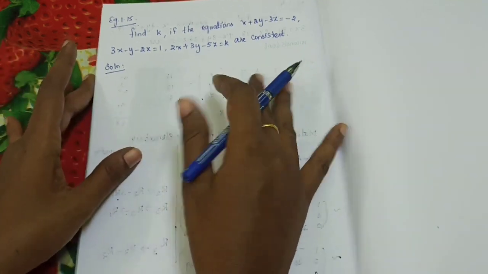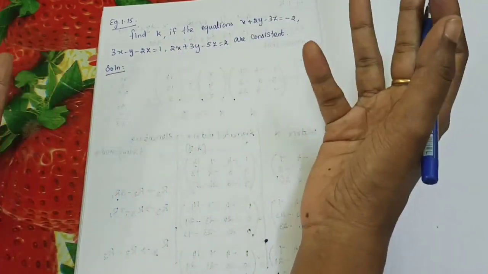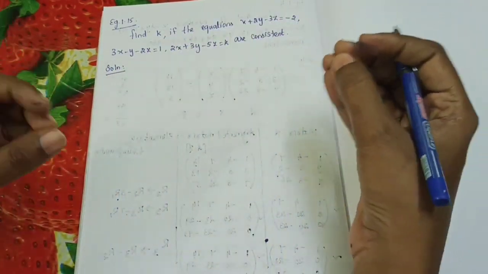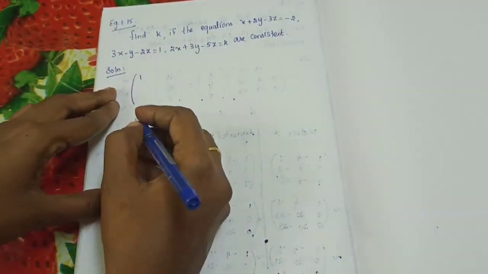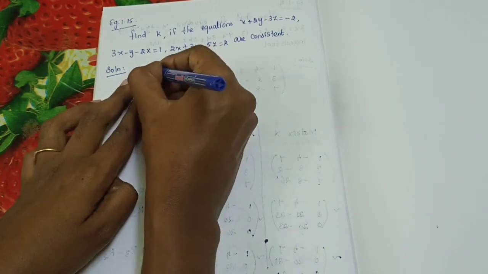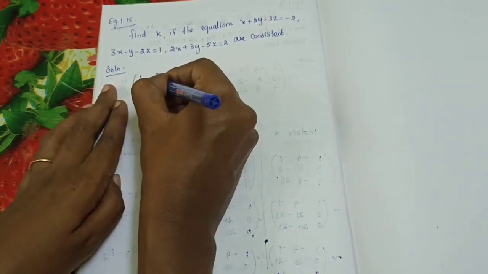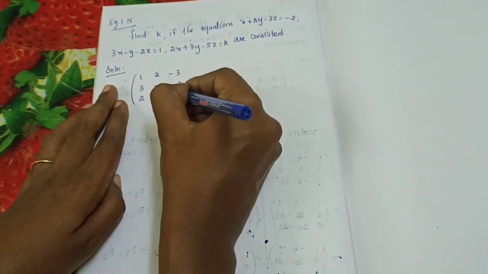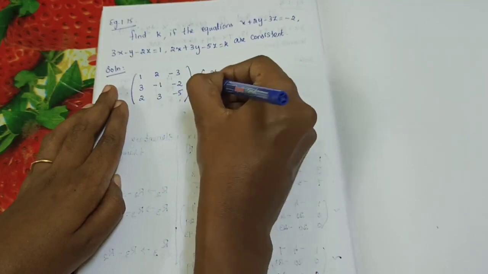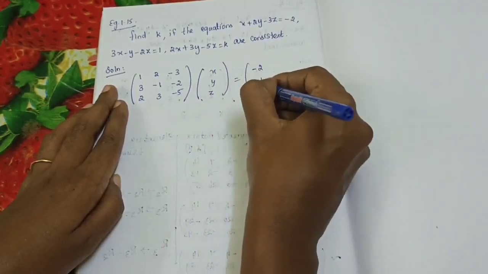Okay, let's move. First we are going to write in the form AX equal to B. Everything you know, because of that I am moving a little bit faster. How will you write? 1, 2, minus 3; next one is 3, minus 1, minus 2; 2, 3, minus 5; next x, y, z is equal to minus 2, 1, k.